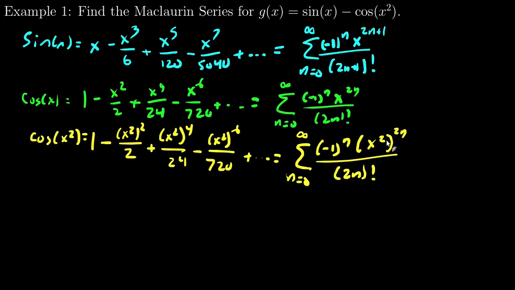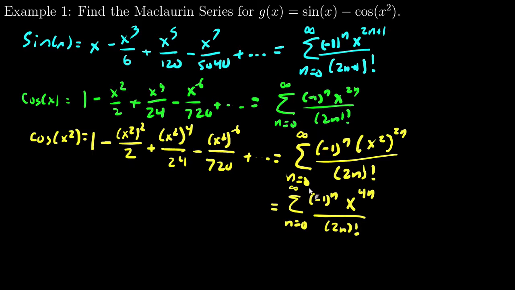But there's one thing I can combine here, and that is x squared to the 2n. This is a power of a power, so I could rewrite this as the sum as n goes from 0 to infinity of -1 to the n, x to the 4n all over 2n factorial. And that will be for cosine of x squared.